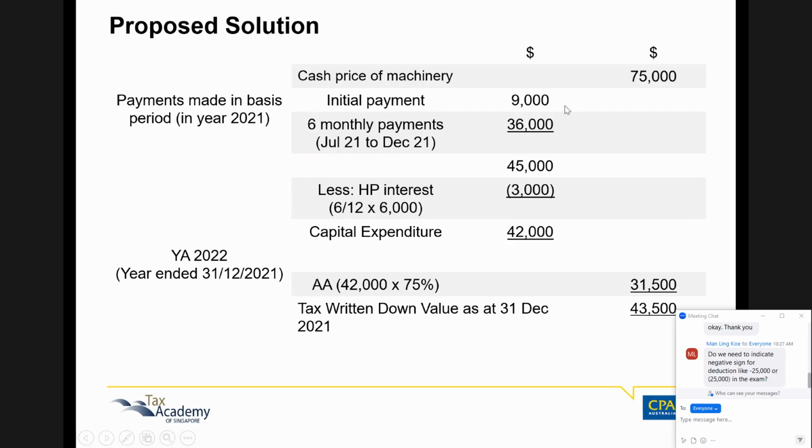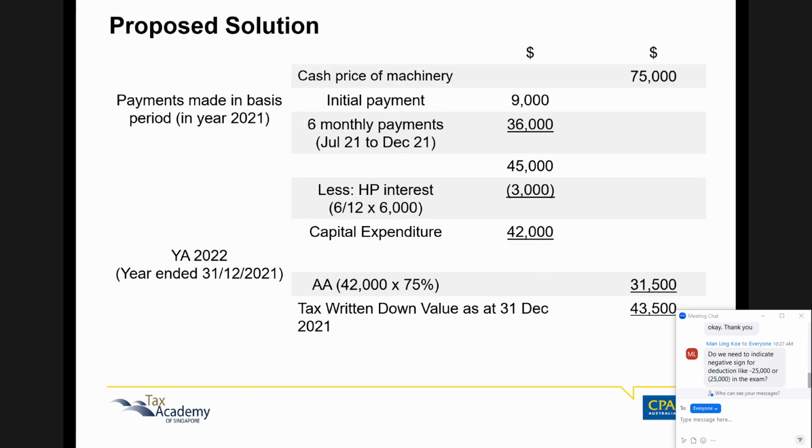say is that, in this case, you look at what is the initial payment during that YA. So we fall back, that's why we need to know what is the basis period for that YA. So you look at the YA, what is the capital repayment that you have made? There are different ways of looking at it. If your starting point is your capital repayment plus interest, then you need to make sure that you exclude the HP interest to work out your capital expenditure.